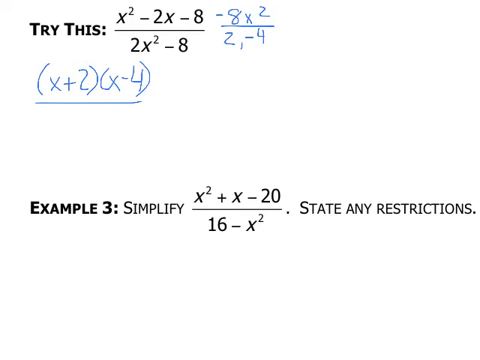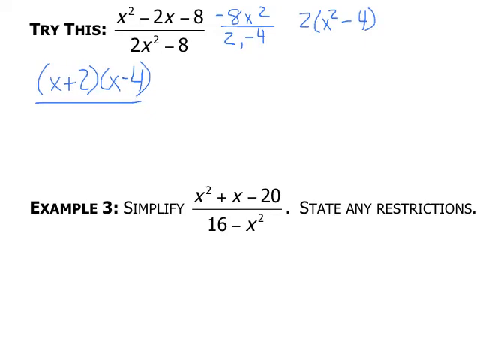Now the bottom. So on bottom, I have a couple factoring things that I need to do. First you can see that they're both divisible by 2. So when I see that they're both divisible by 2, I can take the 2 out, and then I'm left with x squared minus 4.